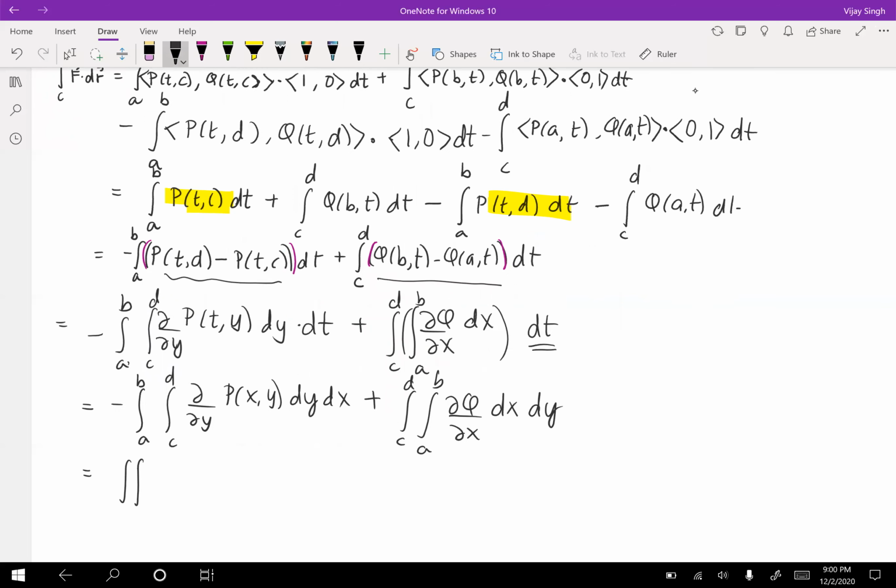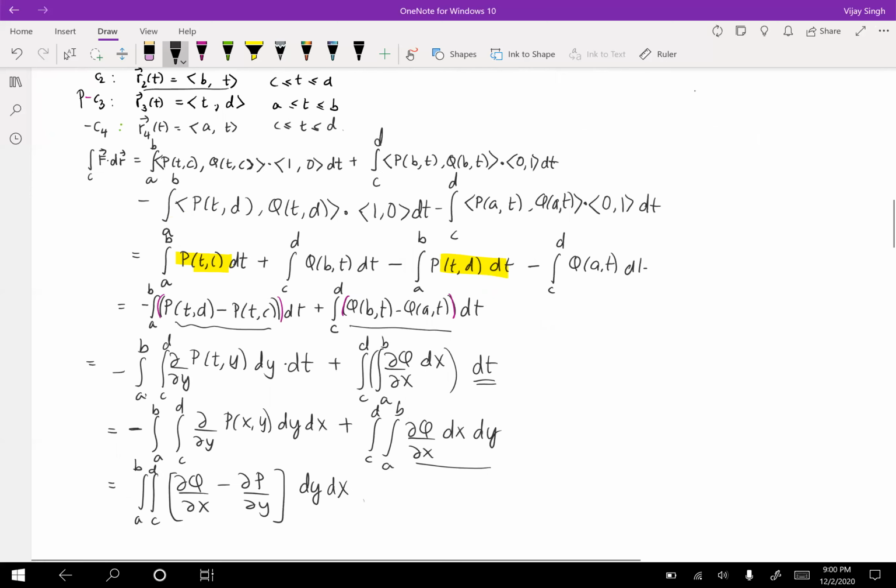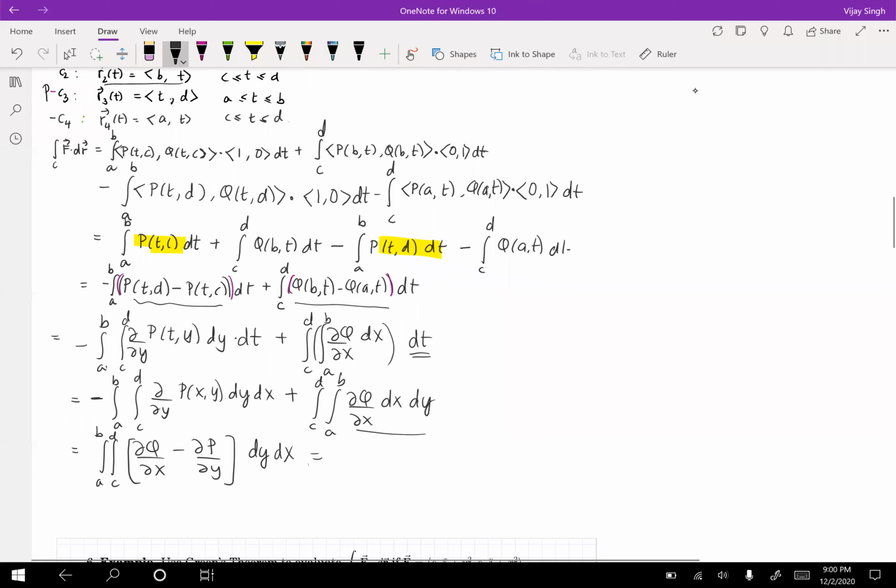We get A to B, and we can change the order of integration, right? Because it's a rectangle. Using Fubini's theorem, we can change that. A to B, C to D. Now this had a minus sign, remember? Now we can write it the other way around, dou Q by dou X minus dou P by dou Y, and bring dy dx outside. So first is dy and then is dx. So this is essentially integration over D.